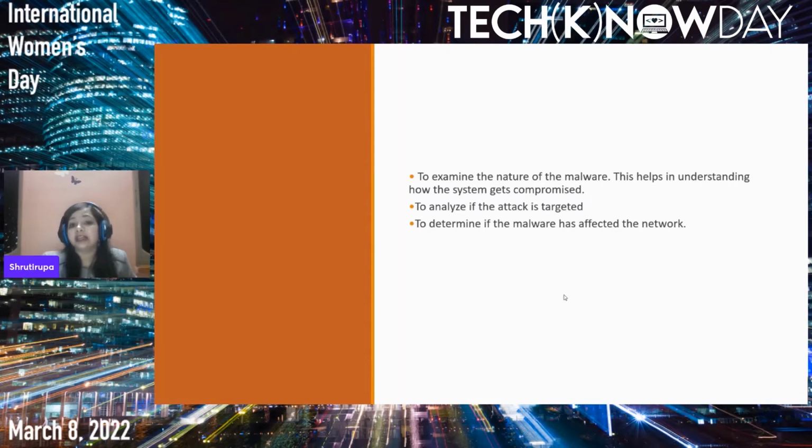So if it gets detected at that point of time they realize, and then they start analyzing those malicious software and understanding, okay, it had been there and it got affected through the network.